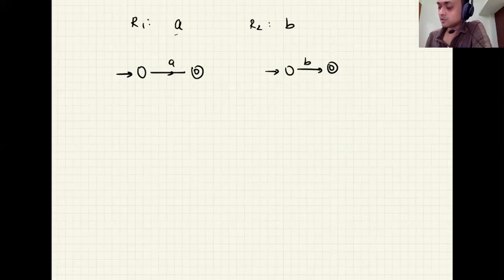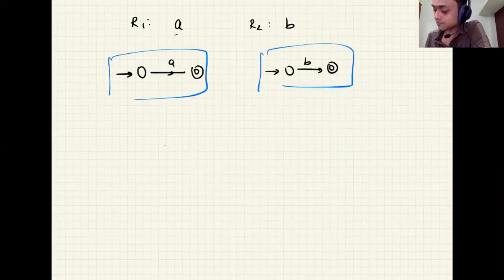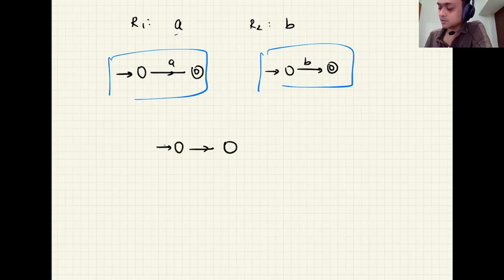So this is one NFA, this is one NFA. What we will do is, let me draw the things again. So this is Q0, Q1, P0, P1. Okay, this is what we start off with.